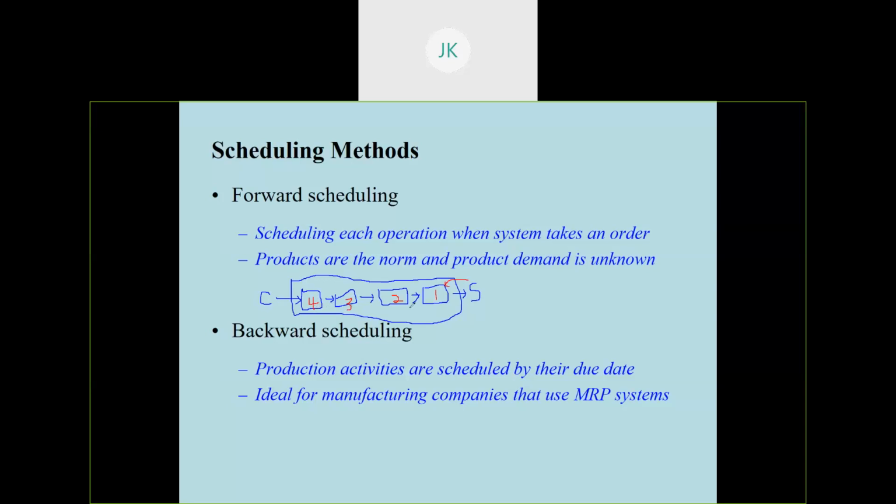So schedule this one first, next, and next, from upstream to downstream, in the same direction: 1, 2, 3, 4 is the scheduling order. It is the same direction as water flow from upstream to downstream. So we call this forward scheduling.